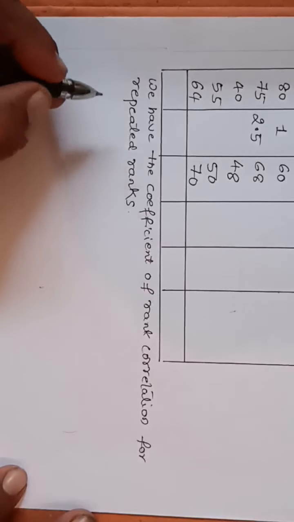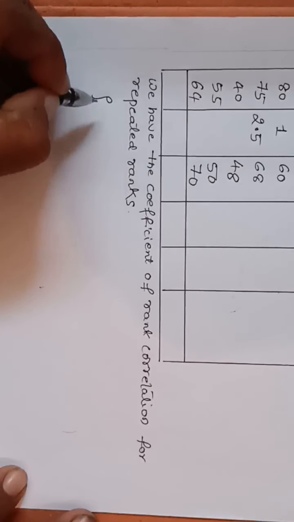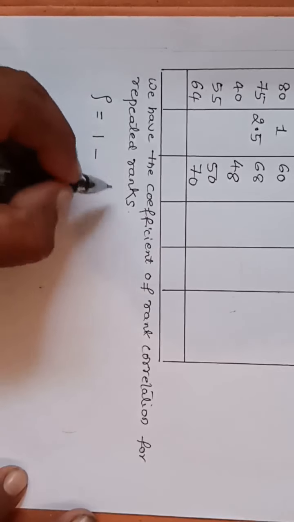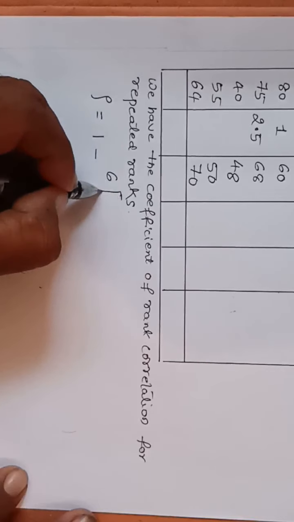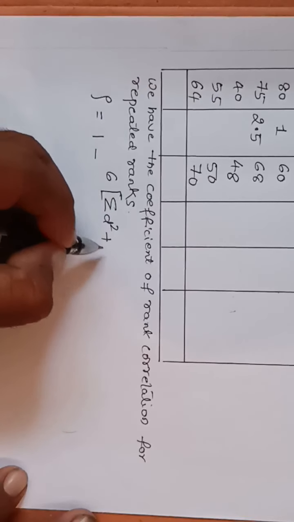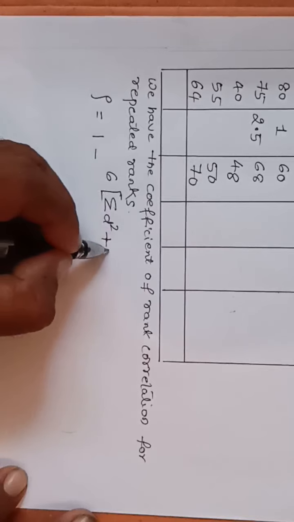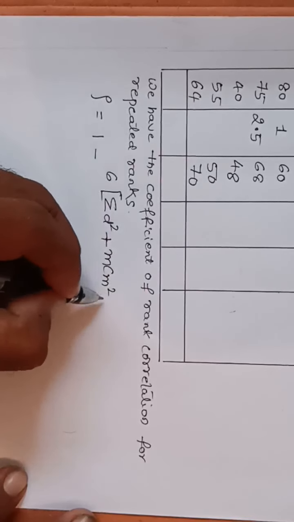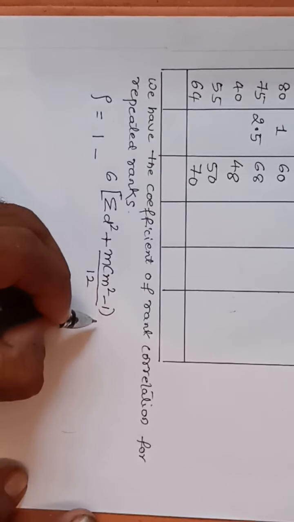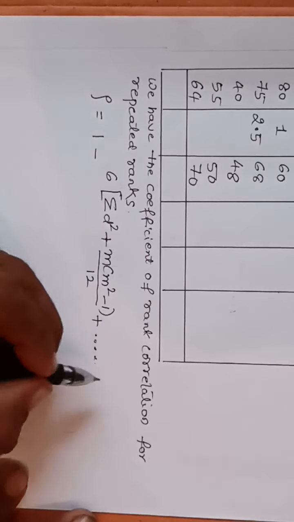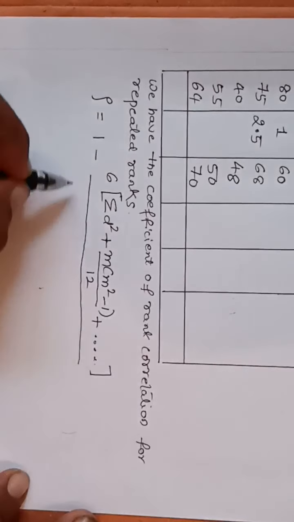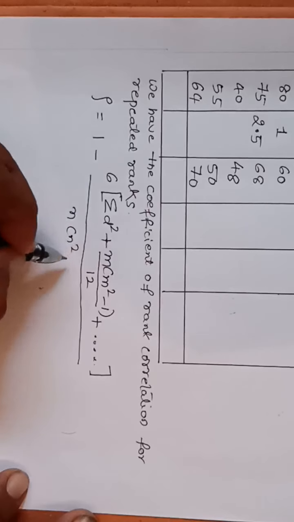Here it changes a little: rho equals 1 minus 6 into the bracket of summation d squared plus m into m squared minus 1 divided by 12, plus so on, bracket closed, and all divided by the earlier one, n into n squared minus 1.